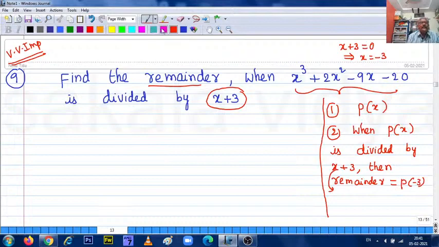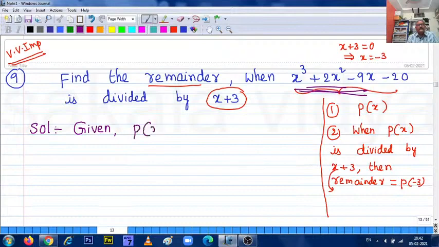So now write down here the solution. Given, say this is p of x. P of x equals x cube plus 2x square minus 9x minus 20.